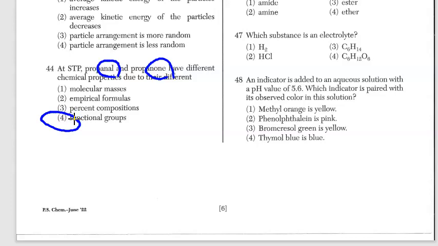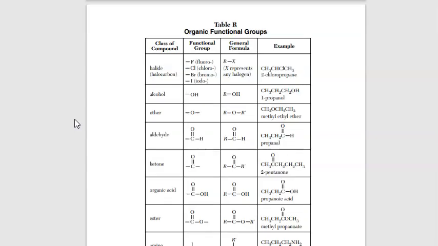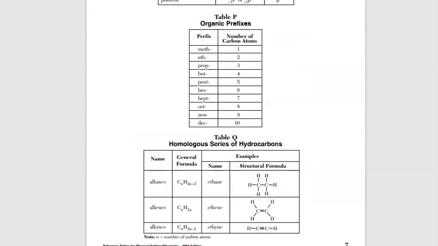Now, there is a whole reference table on this. Reference table R is your functional groups, and here is your aldehyde and your ketone, the "al" ending and the "one" ending. So you can play the matching game here. Remember also there are 2 other organic reference tables. Reference table P, which are those prefixes to tell you the number of carbon atoms in the molecule.